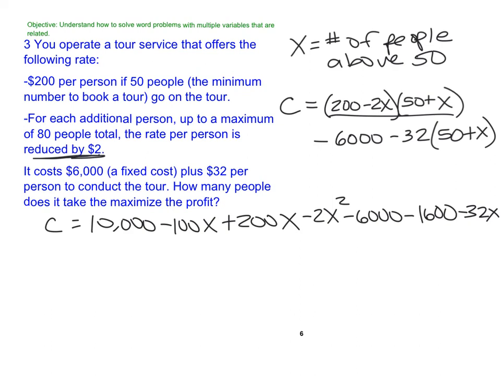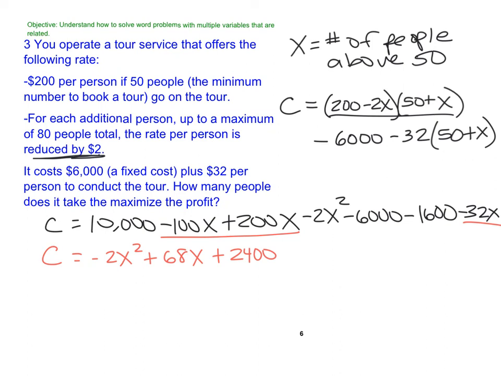Combine like terms. Negative 2x squared. Then I got that and that, which gave me 68x. And then I got 10,000 minus 6,000 minus 1,600, which gave me 2,400, sorry.